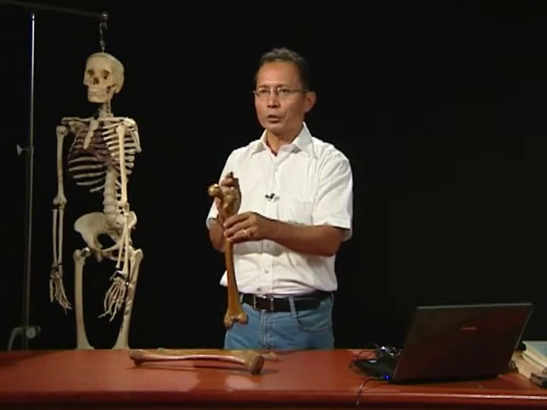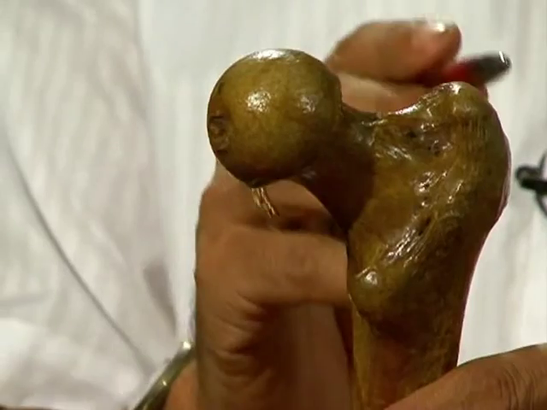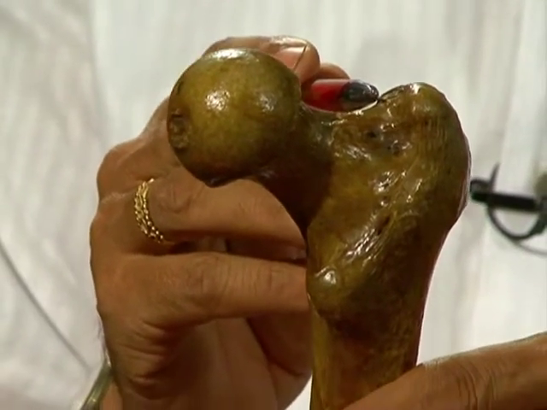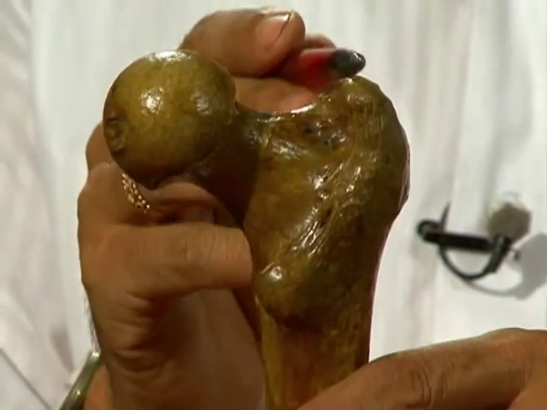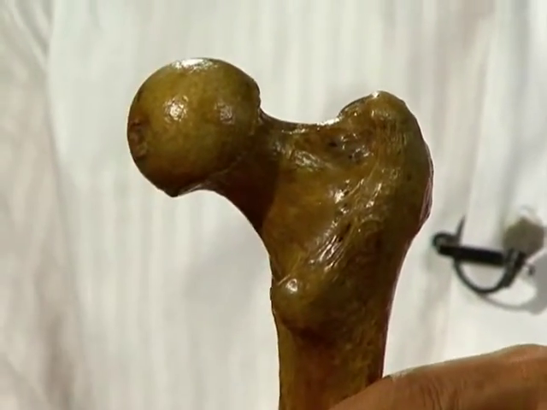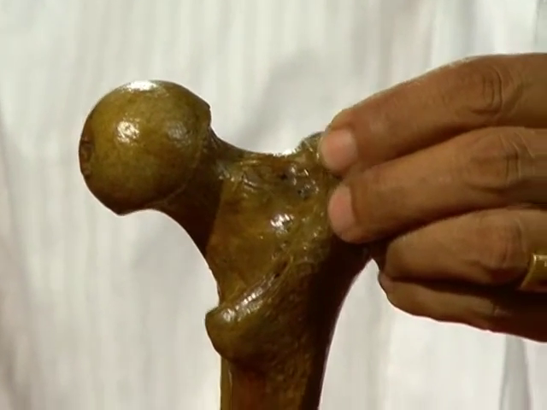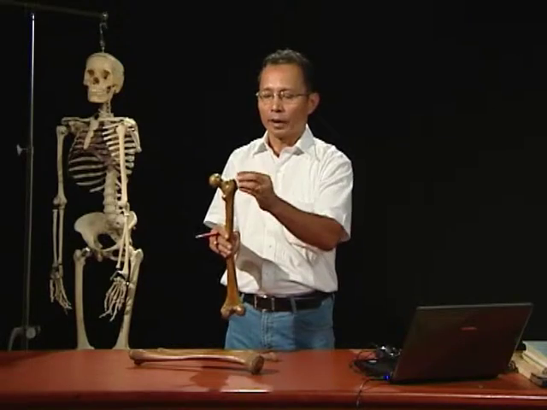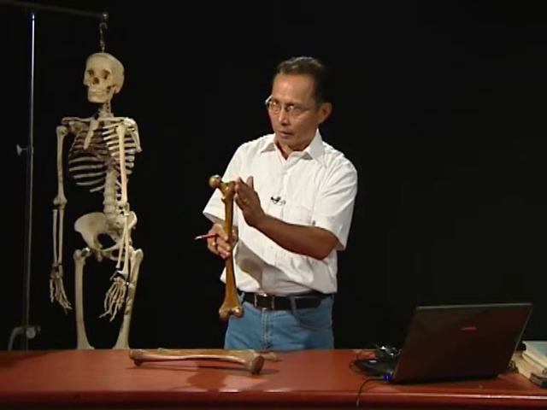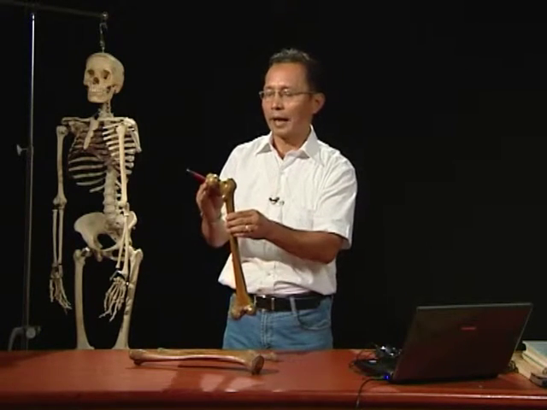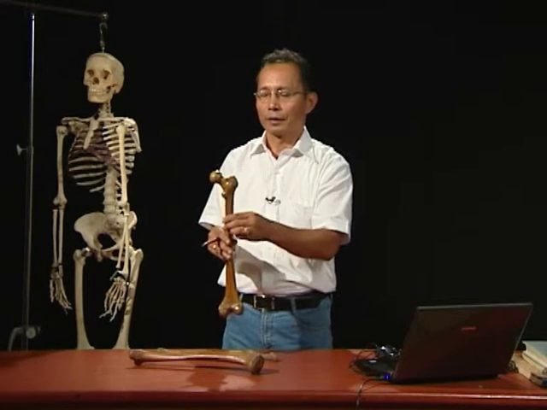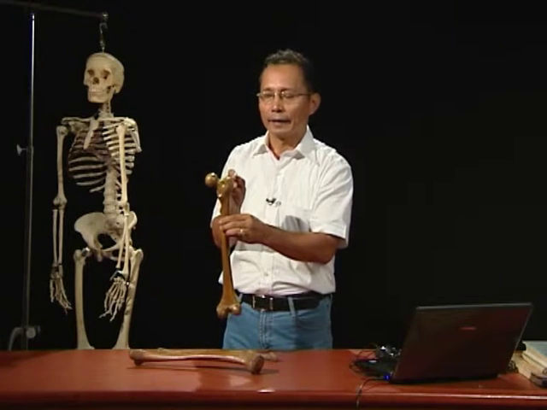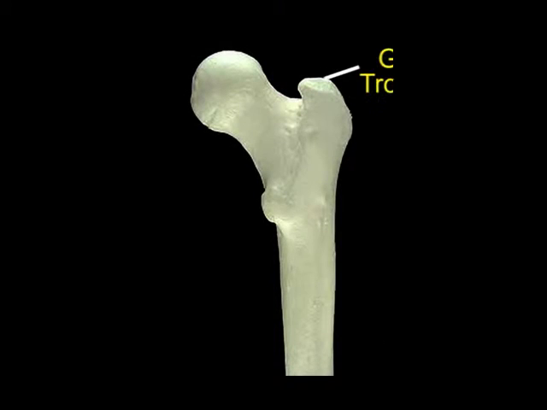Just opposite to the head and in continuation to the neck there is a projection or an elevation which is quadrangular in shape, which lies laterally, while the head lies medially. This quadrangular elevation is called the greater trochanter.